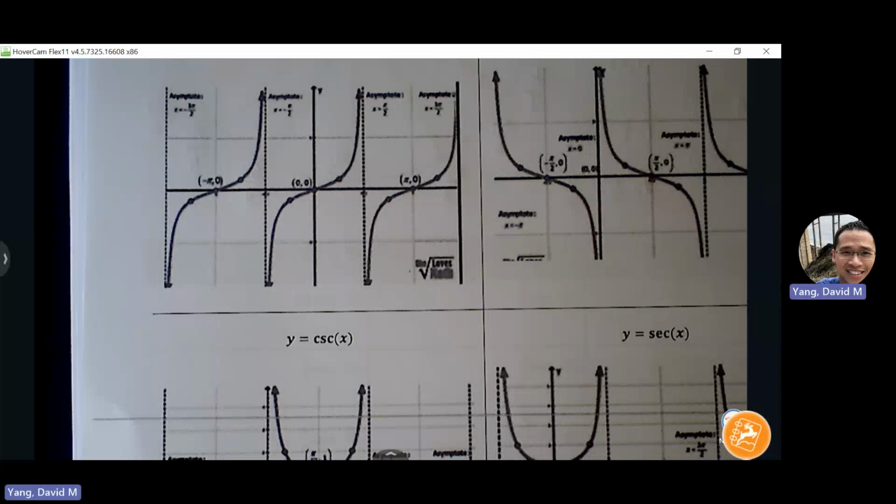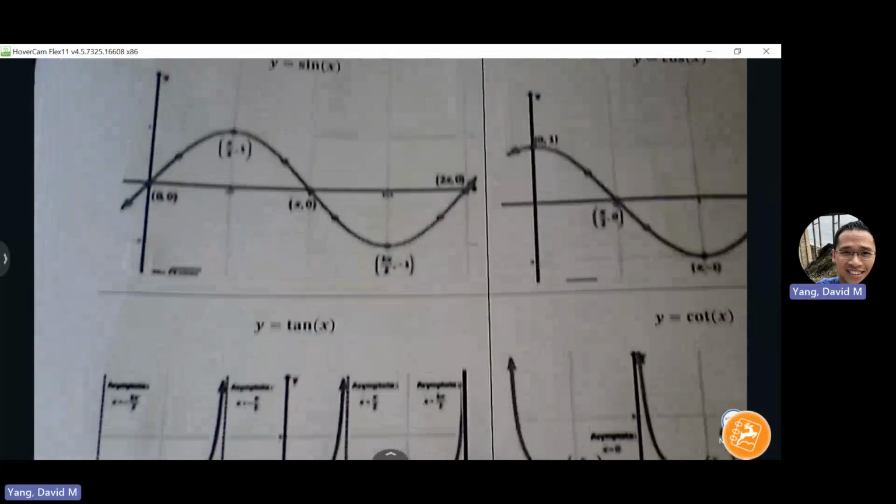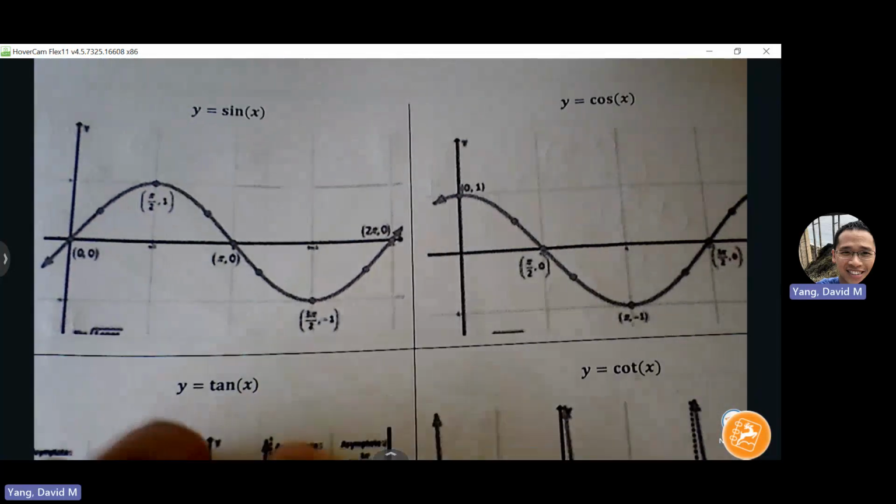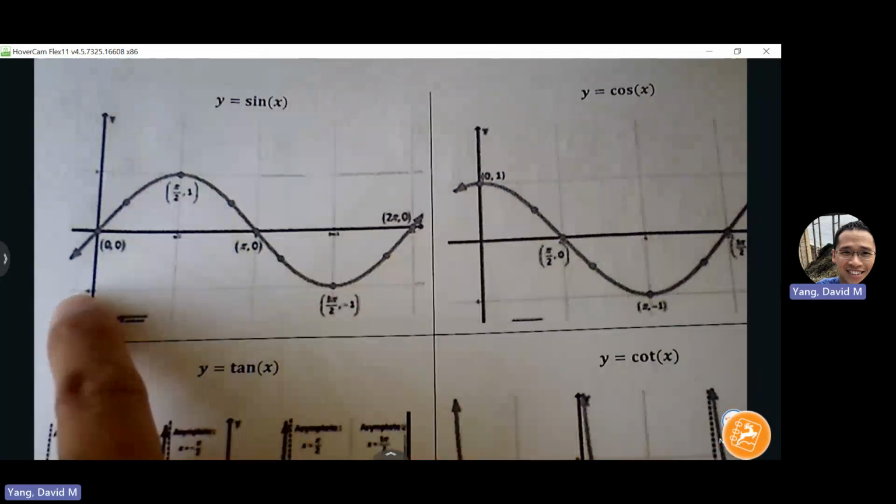Graphing trig functions is not that important, but I think it's good to recognize what the graphs look like. A sine and cosine graph are very similar to each other.